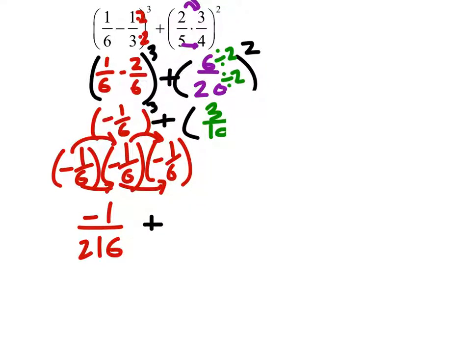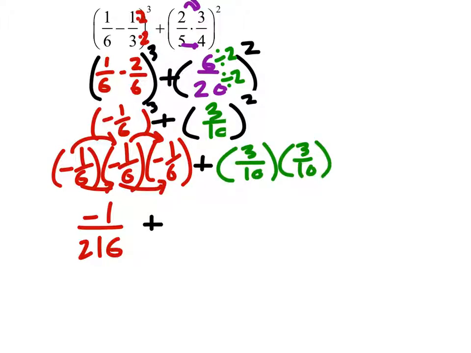And this is still plus. We had that 3/10, but that's to the power of 2. So this one is 3/10 times 3/10. Which 3 times 3 is 9. 10 times 10 is 100. Okay. That's not too bad, actually.